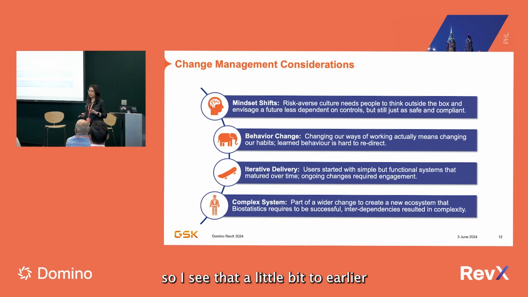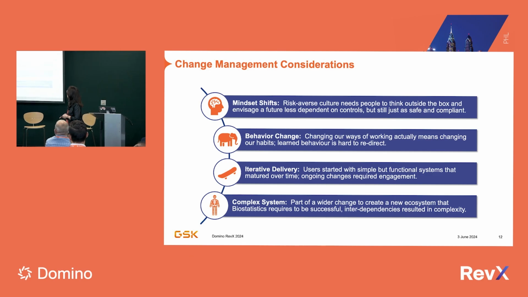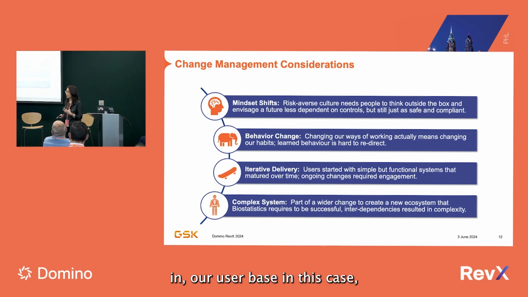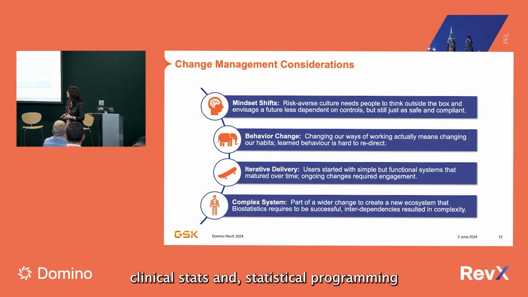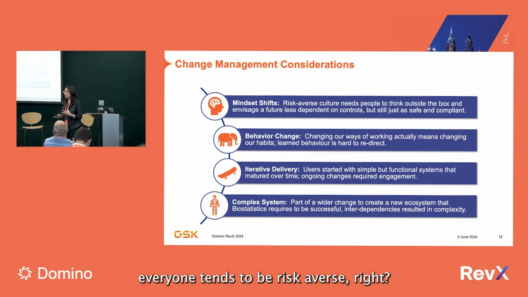I sort of alluded to a little earlier that it's not just a technology change. It's really about a fundamental mindset shift and behavioral shift in our user base, in this case clinical stats and statistical programming. I'm sure everyone agrees with me that in our industry, everyone tends to be risk averse, right?